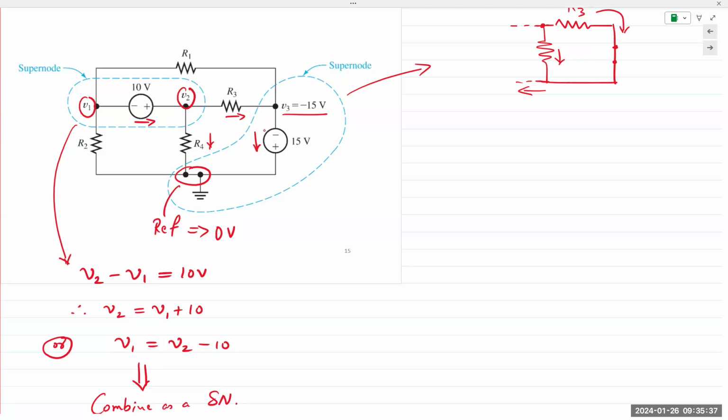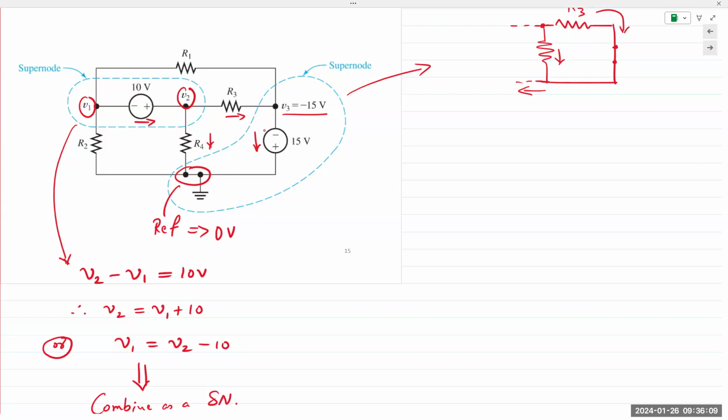You can choose 2 as your reference node, or you can choose 1 as your reference node, and then you'd combine this one into a supernode if you wish. Yeah. You can combine all of them into a supernode. It's fine. But I always suggest to students not to do that because it just complicates things, and students often end up making errors. Even if they know the right techniques and apply everything correctly, because they short out the power supply, they end up making errors.